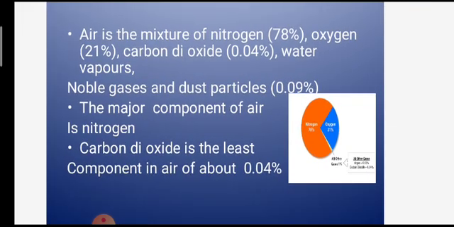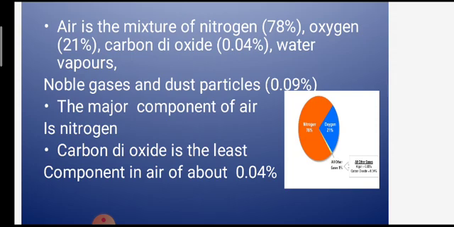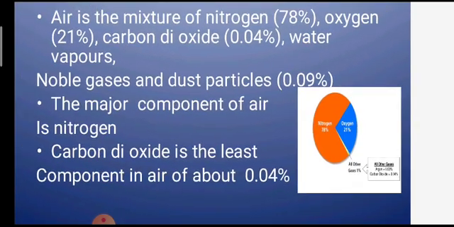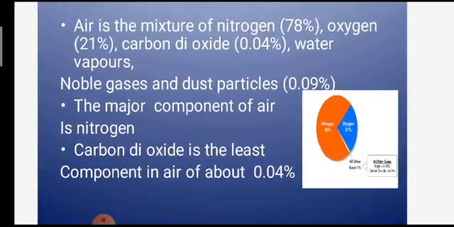Nitrogen is 78% of the air, and 21% is oxygen. Carbon dioxide is 0.04%. Water vapors, noble gases, and dust particles are 0.09 percent. This is the percentage of gases present in the air.